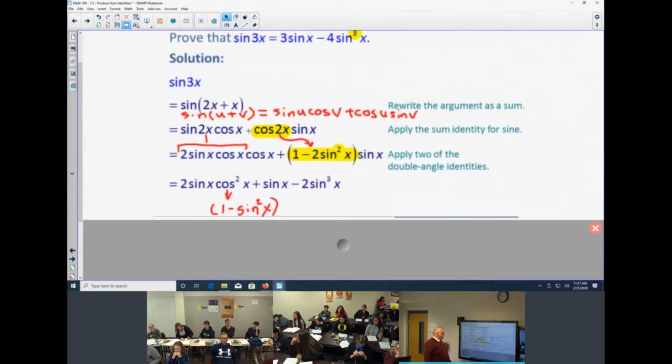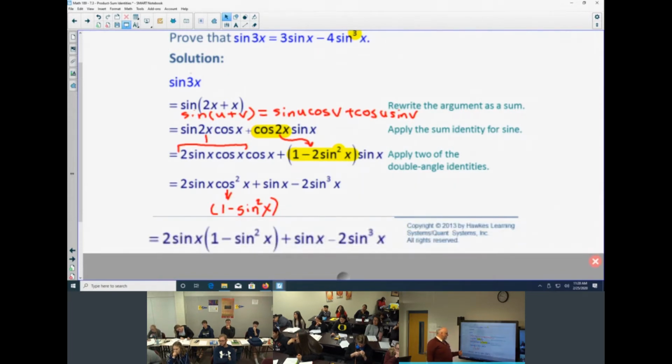All right, so what we're going to do to get more powers of the sine, I'm going to rewrite cosine squared as 1 minus sine squared. And then when I multiply it by 2 sine x, let's see if I get more powers here.